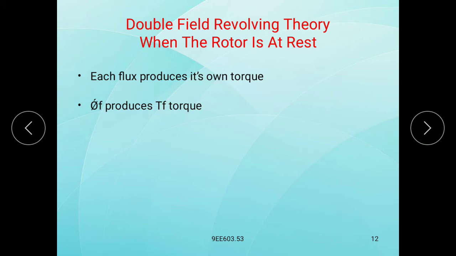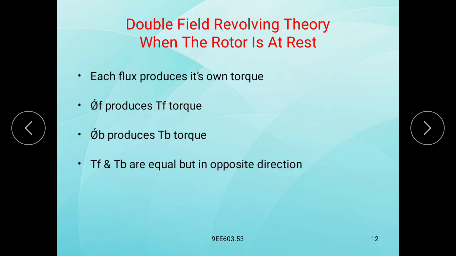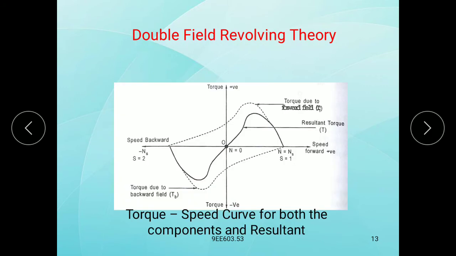So φf produces the torque Tf and φb produces the torque Tb. Tf and Tb are equal but in opposite directions, so the net torque is 0.